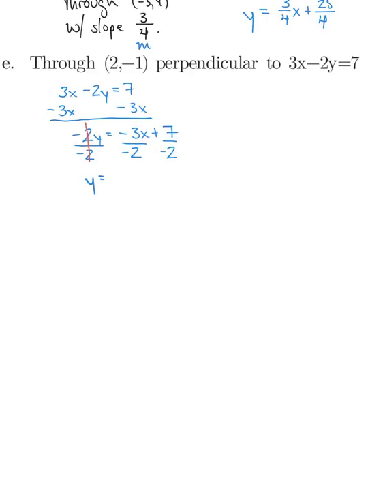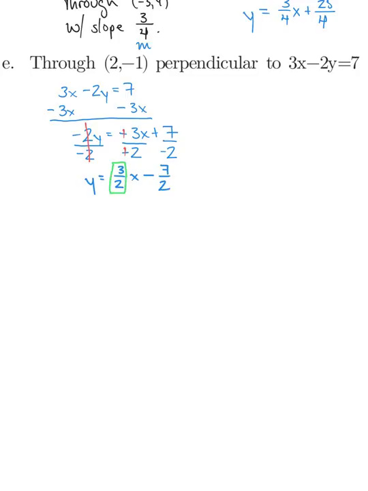On the right, my first term, my negatives cancel there as well, and I am just left with 3 over 2x. And I'm going to go ahead and bring my negative out of the denominator, and that's about all I can do there. So we have y equals 3/2 x plus 7. So the slope of this line is 3 over 2.